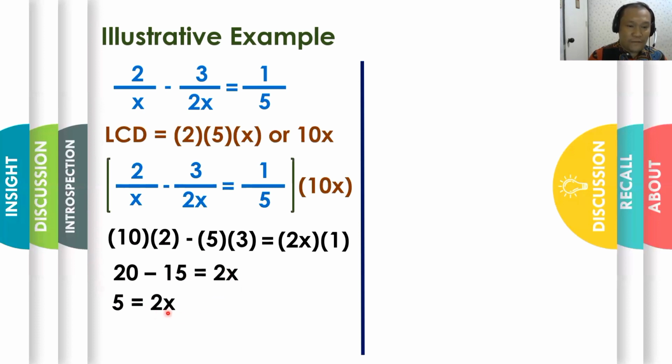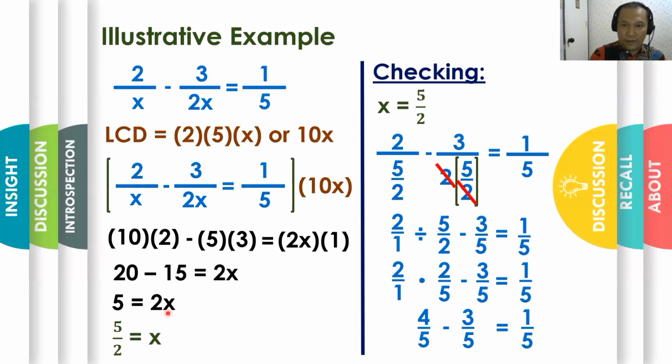Next, the numerical coefficient here is 2. Therefore, divide both sides by 2. Thus, our value for x will be 5 halves or 5 over 2. Then we have to verify if our value for x is an extraneous solution. And if not, therefore, that is now the true value of the given unknown.